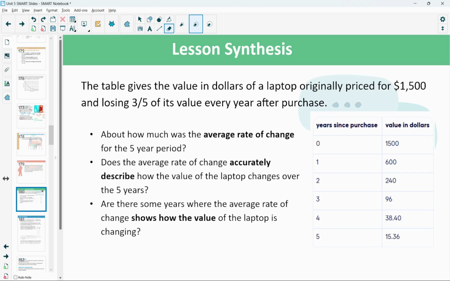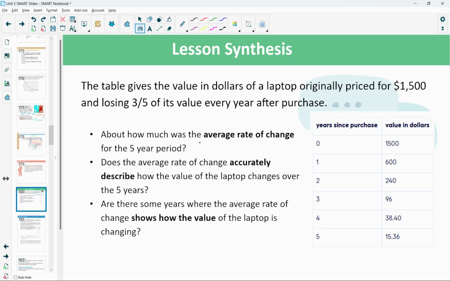The table gives the values in dollars of a laptop originally priced $1,500 and losing 3/5 of its value every year after purchase. About how much was the average rate of change for that 5-year period?